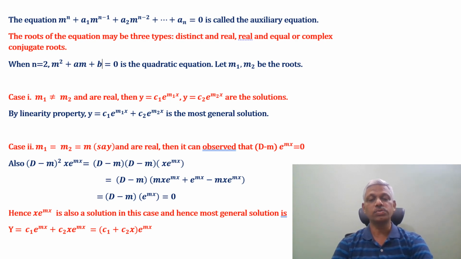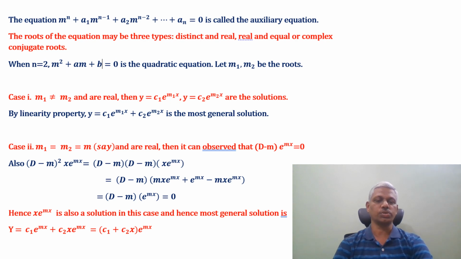So they cancel out and it reduces to (D minus m) applied to e power mx, which is already 0 by the above case. So by this observation, we have the result that x e power mx is also a solution apart from e power mx, since m is a repeated root. So the general form is c1 e power mx plus c2 times x e power mx.